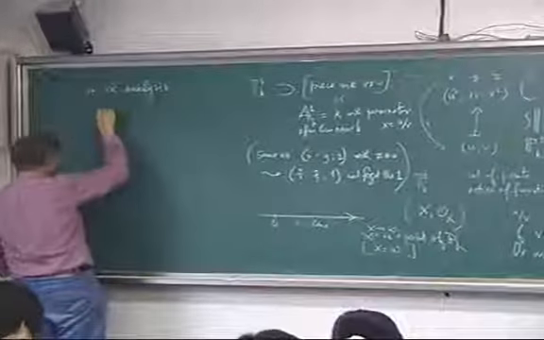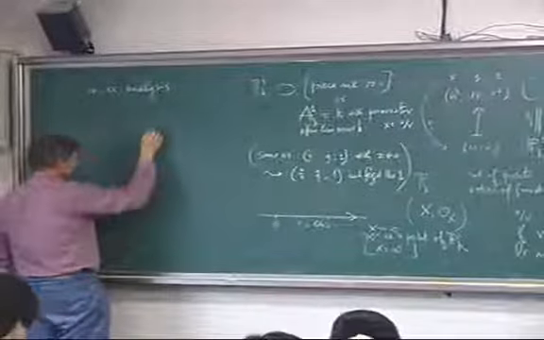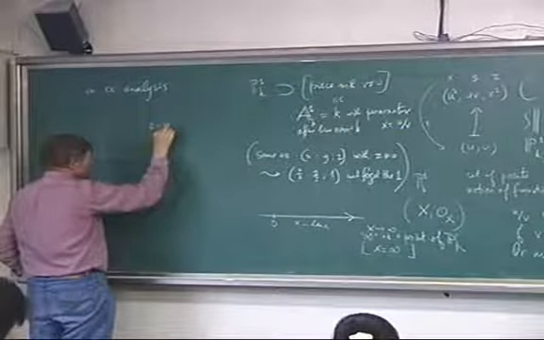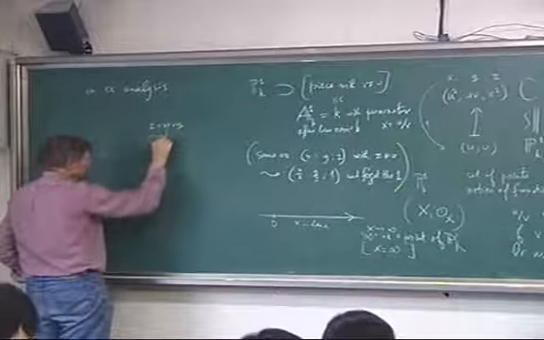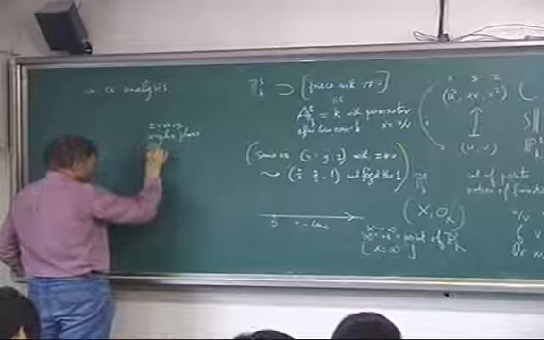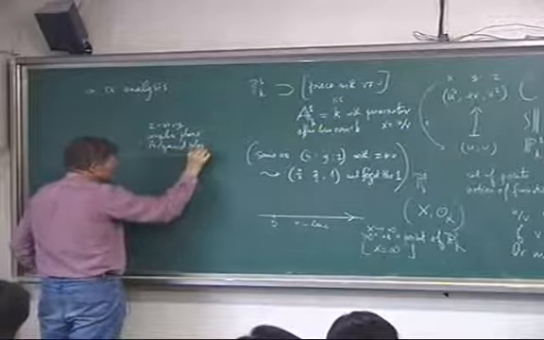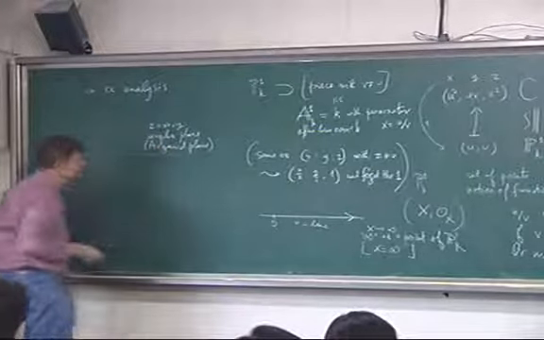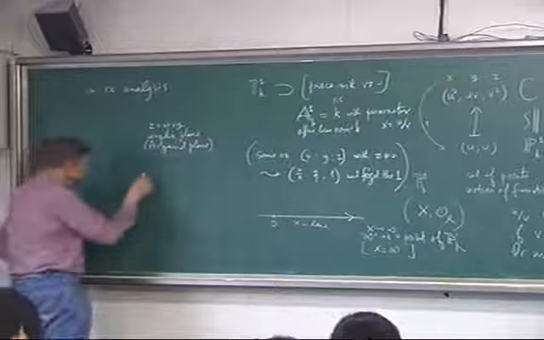So in this case, we write down this picture here, which is z equals x plus iy, the complex plane, or the Argand plane. So you prove theorems, for example.